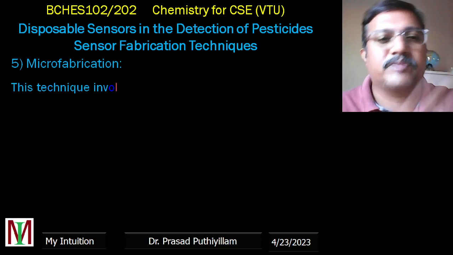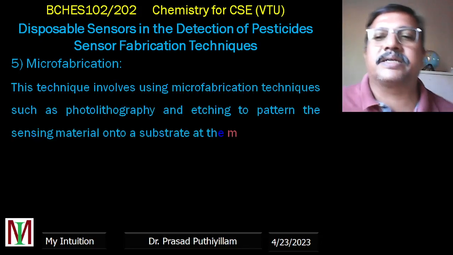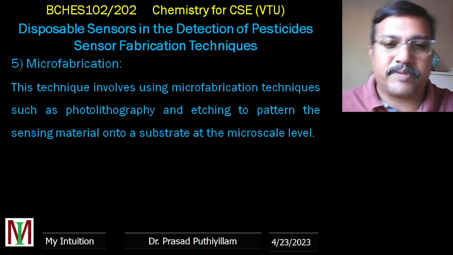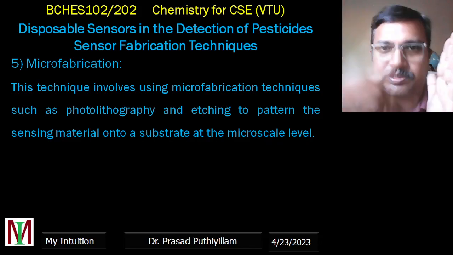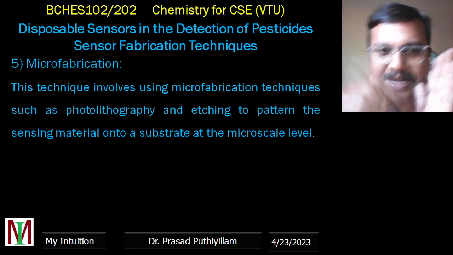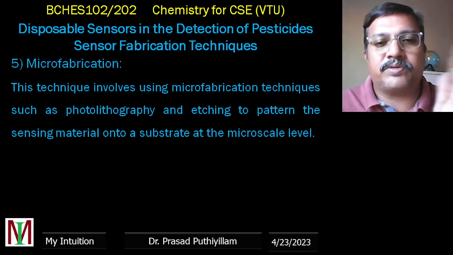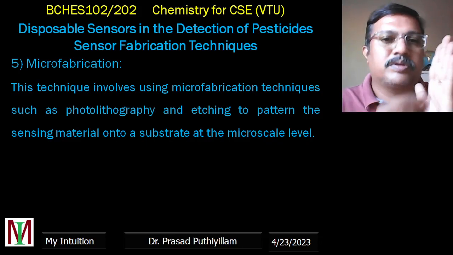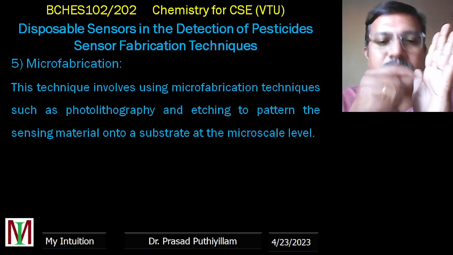Microfabrication, micro means very small level, using techniques such as photolithography, etching, or patterning on a substrate. That means we are taking a substrate and etching it, scratching it actually. That is known as lithography. Writing, that is the meaning of lithography actually. Photolithography means we are using light energy to make the drawing, or whatever is needed, on the sensing material.